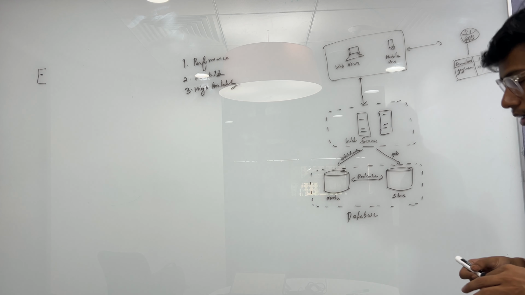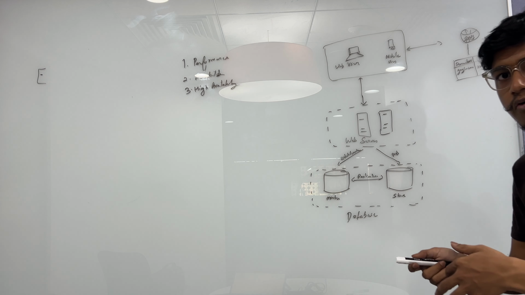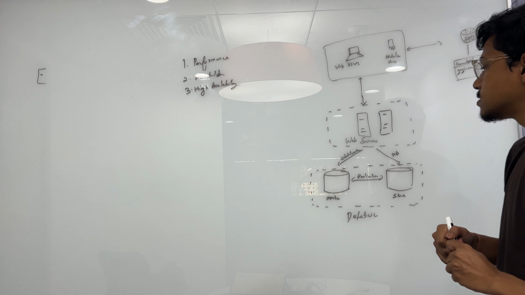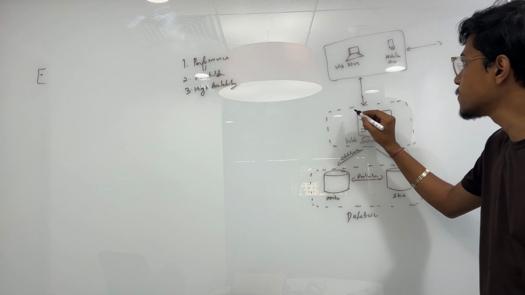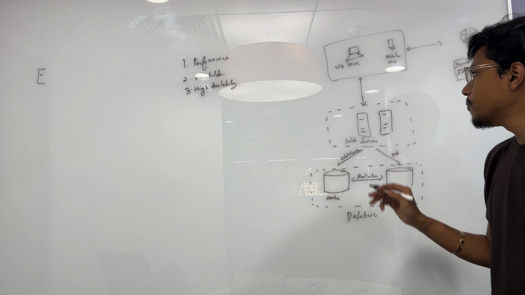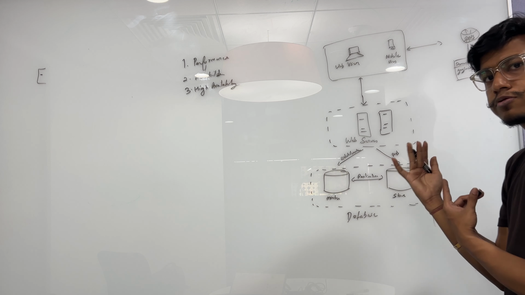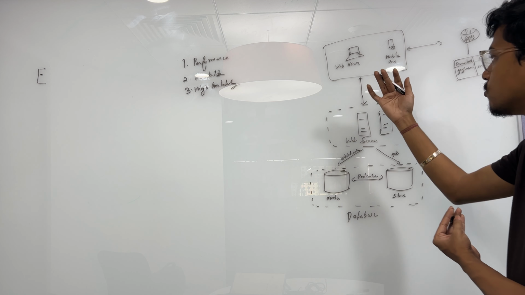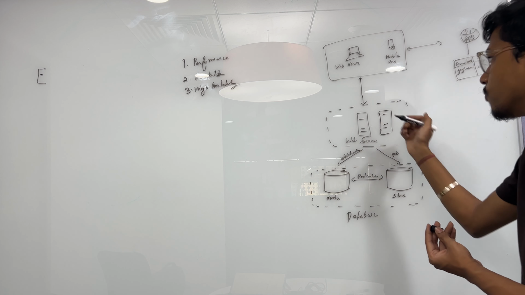But the question here is how this can happen. Because I just told you that each web server has its own address, and the user can resolve this address using DNS and then contact the server. But with multiple web servers, how will a user decide which server to go to?